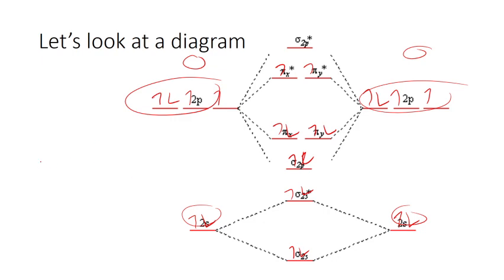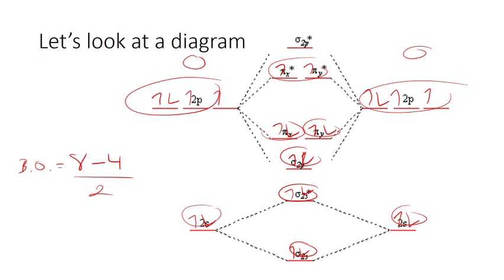Now if we wanted to figure out our bond order, we would count up the number of bonding electrons here. So we've got 2, 4, 6, 8. So we have 8 bonding electrons minus our 4 antibonding electrons, and divide that number by 2.